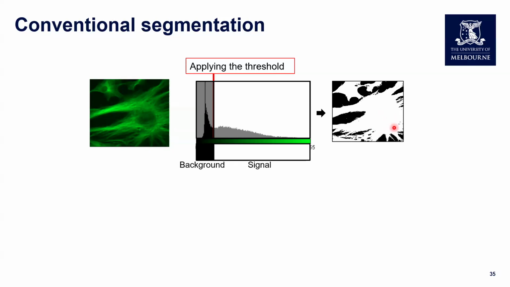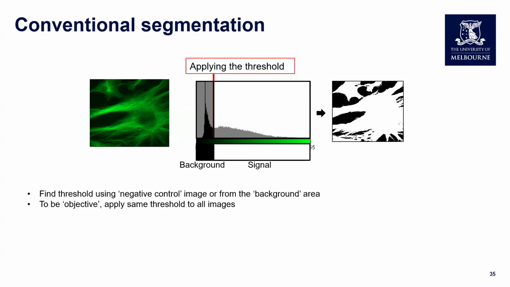So what's the best way to find the correct threshold value? One simple way is to set the threshold value using our negative control image, where you are not expecting any signal, or from the background area of the same image if you don't have a negative control image. In this single threshold method, the important thing is to apply the same threshold value to all images in order to be objective.